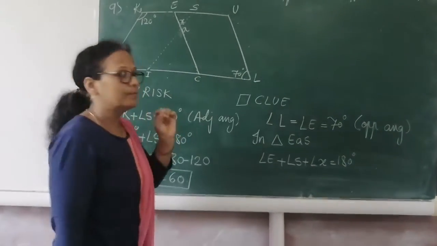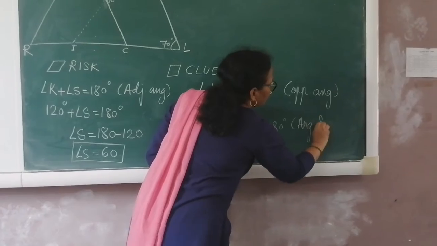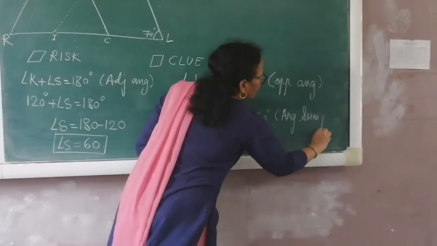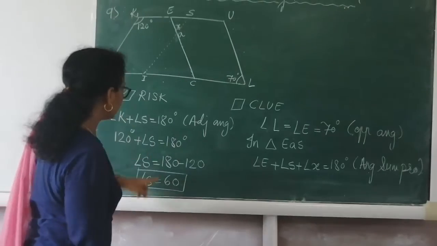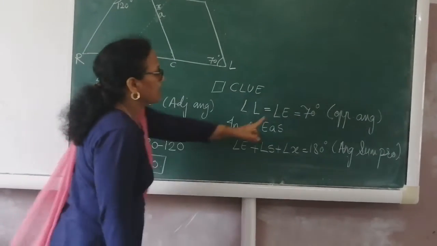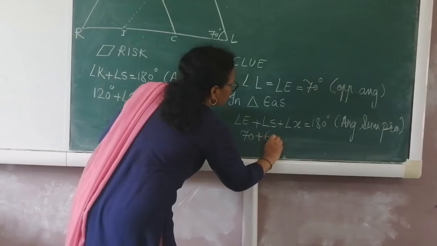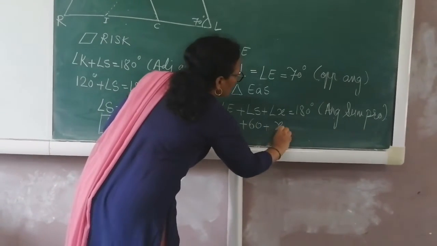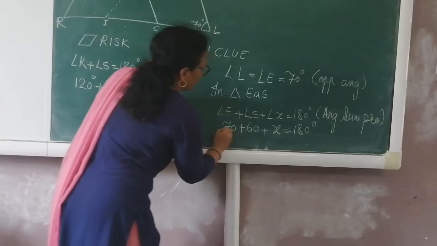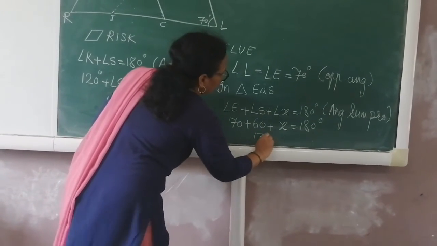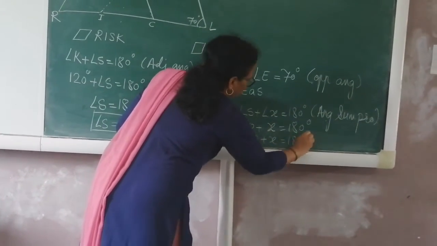Here the rule is angle sum property of a triangle. Okay, now here angle S is equal to 60, angle E is equal to 70. So 70 plus 60 plus X is equal to 180. This is 130 plus X is equal to 180.